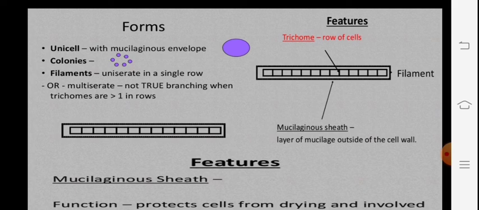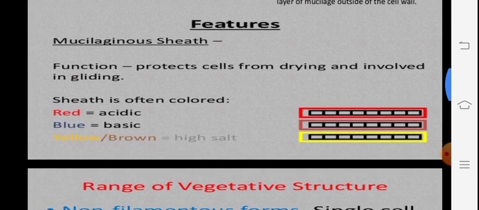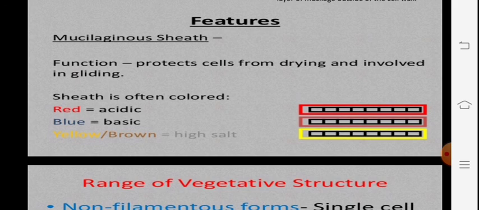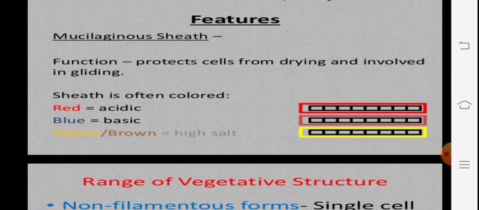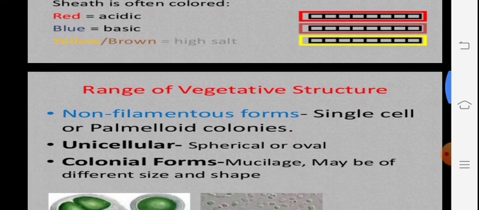The filament is covered by a mucilaginous sheath and is not very long. This mucilaginous sheath protects from drying and is involved in gliding, from one place to another. The sheath has different colors, red, blue, yellow, brown, due to high salts.